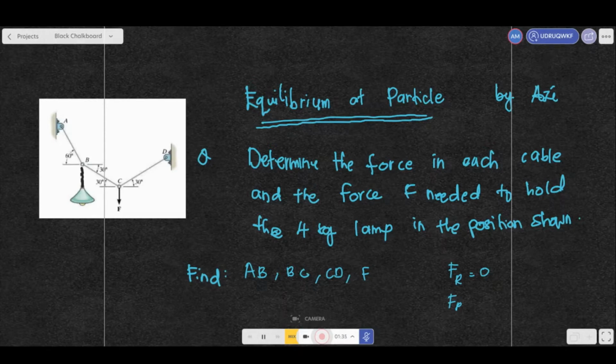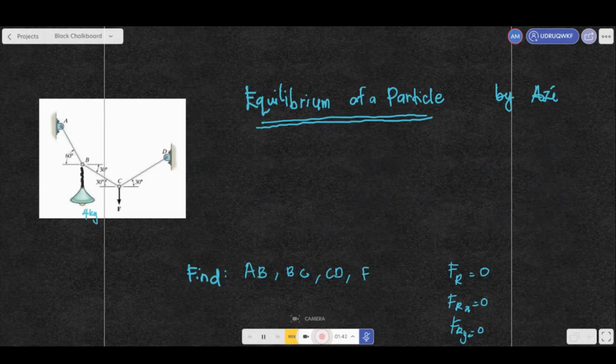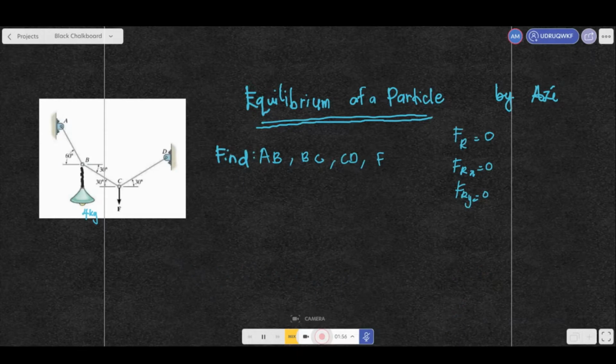If it is 2D, we only consider, in this case, x and y. We can solve the problem using rectangular components to get AB, BC, CD, or F.